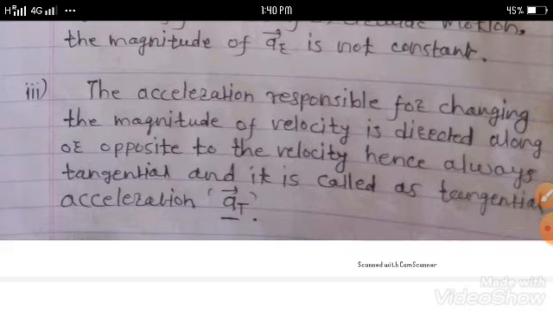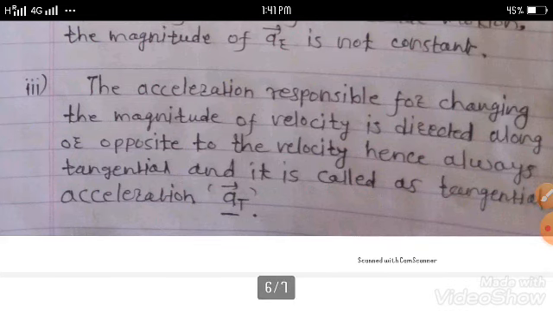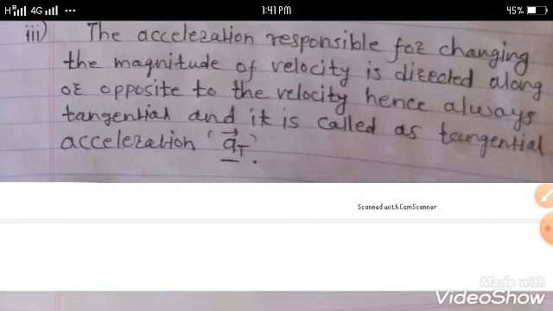Third one, the direction: the acceleration responsible for changing the magnitude of velocity is directed along or opposite to the velocity, hence always tangential, and it is also called tangential acceleration. This tangential acceleration is denoted by a suffix t bar.